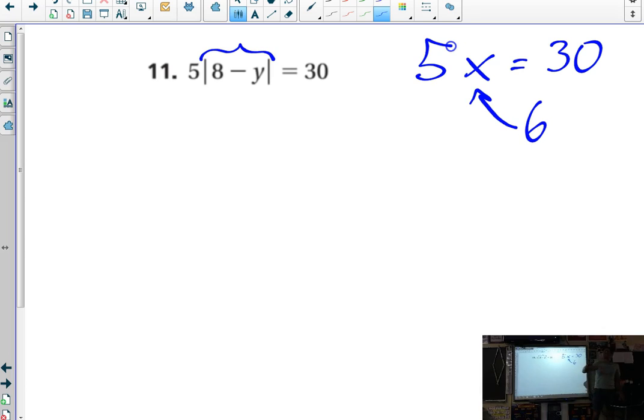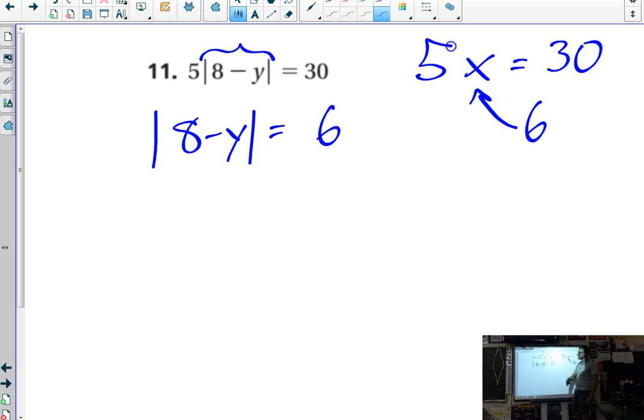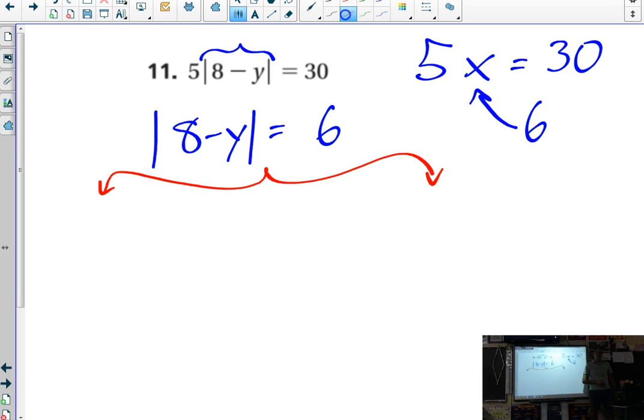So what I want to do first, and what you would have done first here, is divide by the 5 to analyze the situation. When I divide by the 5, I get that the absolute value of 8 minus y equals 6. But where people struggle is realizing that this actually has 2 different routes to get here.